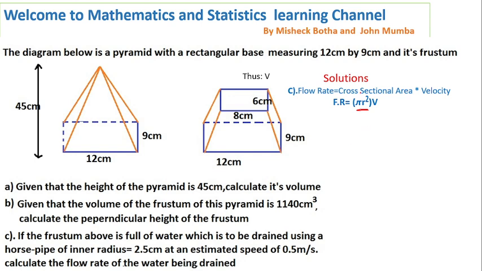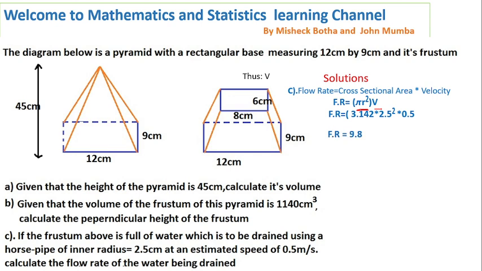Hence for the cross-section area we have used the area of a circle, then we multiply by the speed at which that water is being drained. So the flow rate is going to be, when you substitute, pi is 3.142 multiplied by the radius, which is 2.5, squared, multiplied by 0.5, which is the speed at which water is being drained.